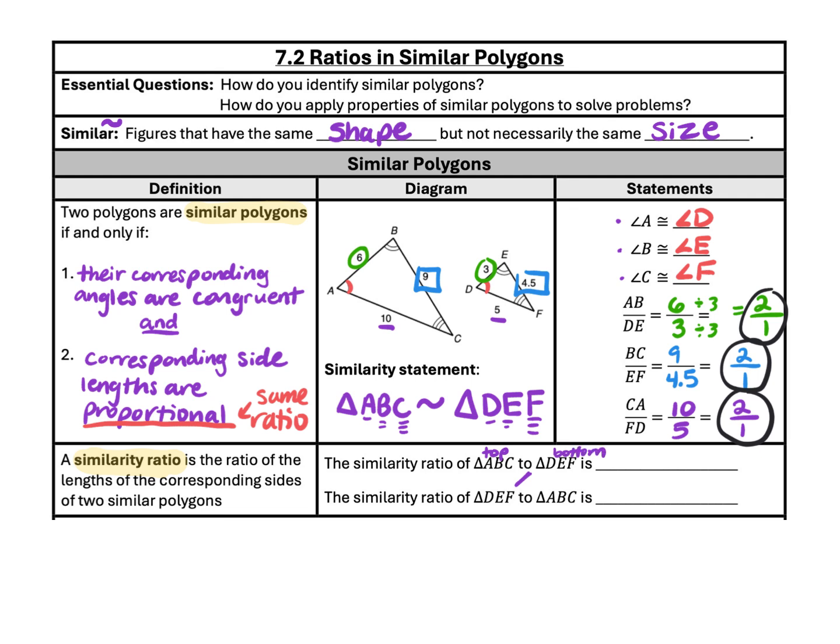So if I look at my values there, the similarity ratio is just 2/1. Now, if I switch it to the similarity ratio of triangle DEF to triangle ABC, those just switch around, and now it's 1/2. So all that happens from here to here is you flip the ratio.